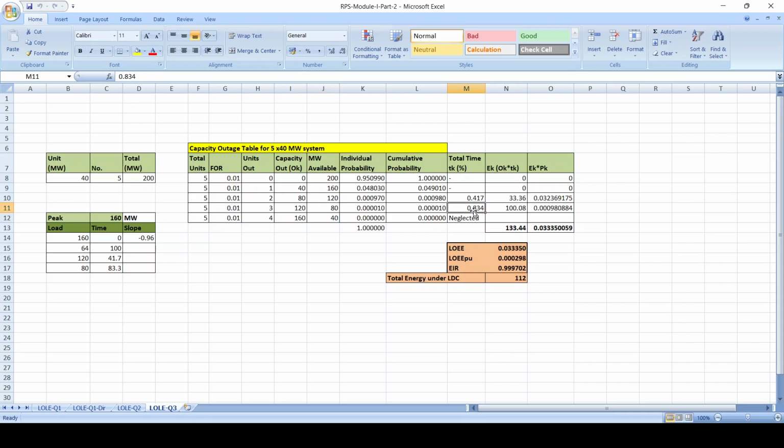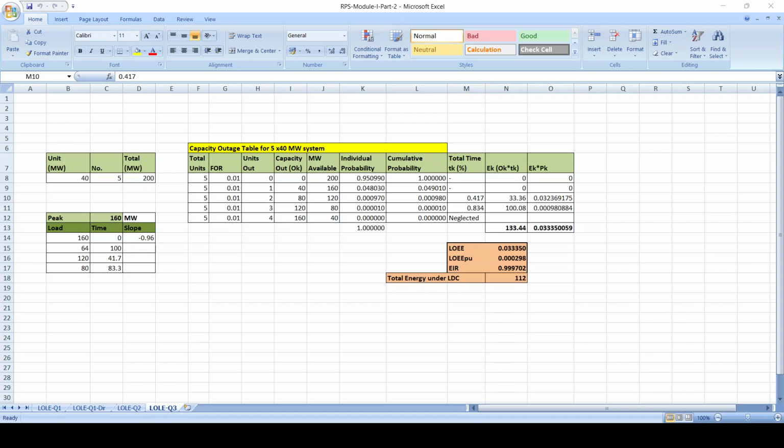It simply means that for 83.4% of the time, okay, we'll see this in the curve, 41.7% and 83.4%.